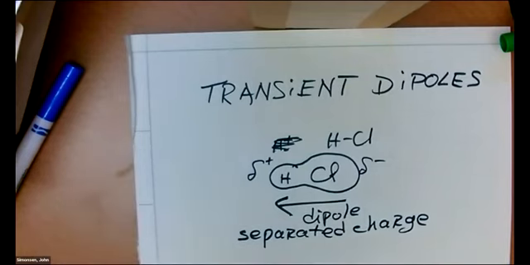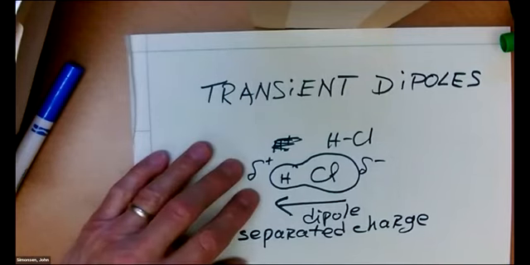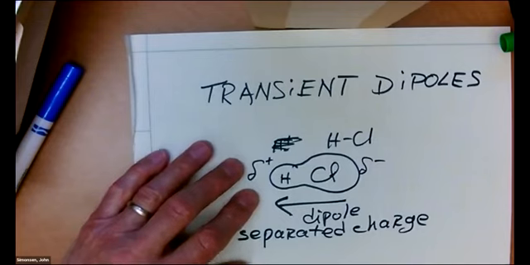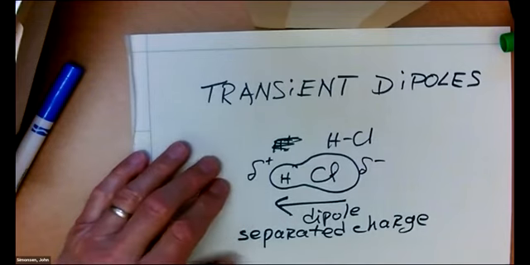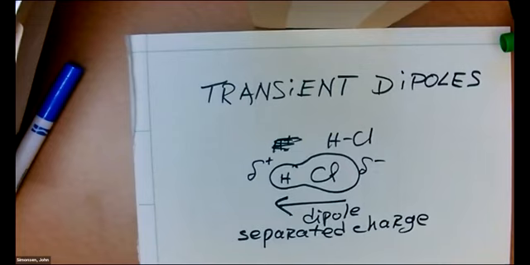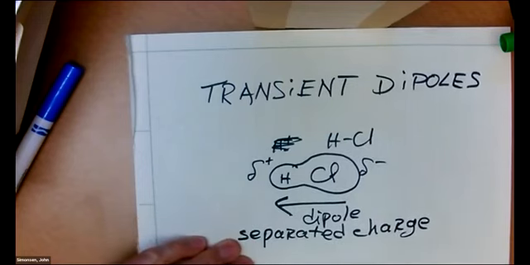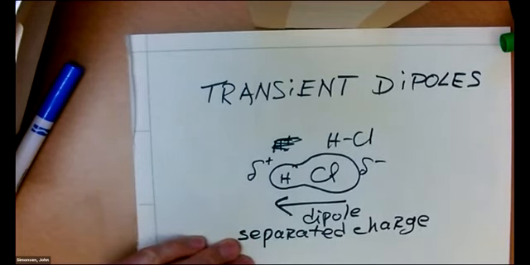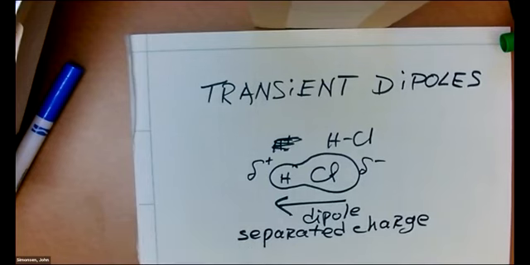It will exist for a tiny, tiny amount of time, maybe attoseconds or something like that. And as the electron cloud fluctuates, that will give rise to van der Waals forces.